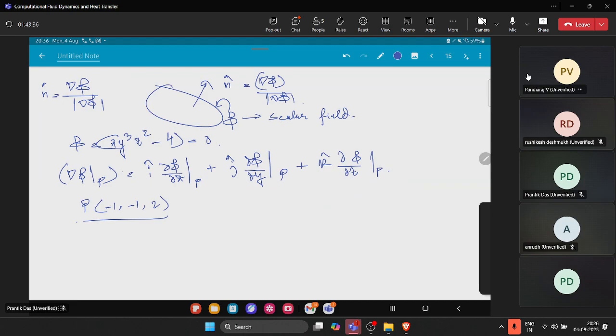So you can find it out. I want to find the value of this gradient.